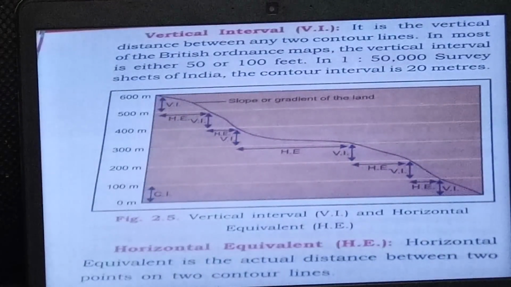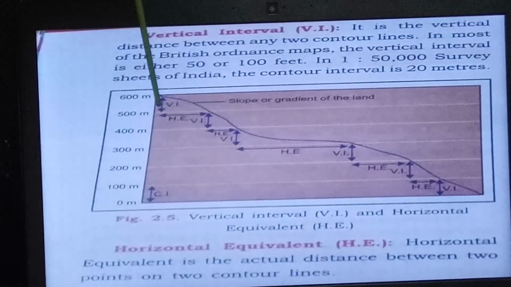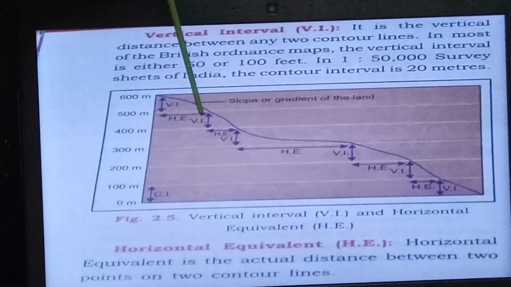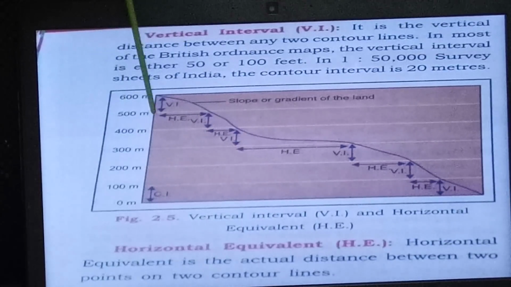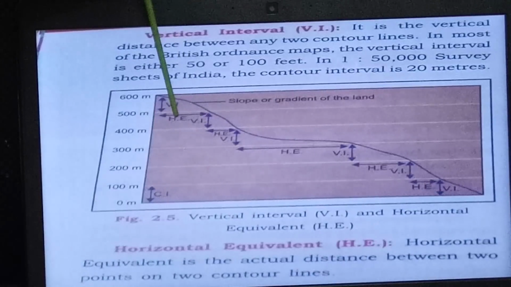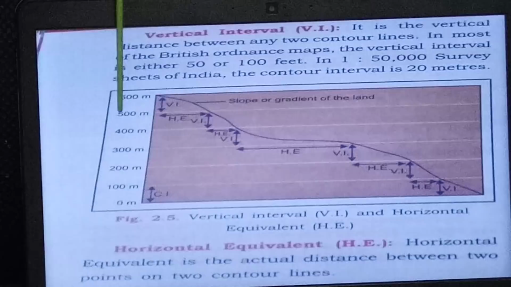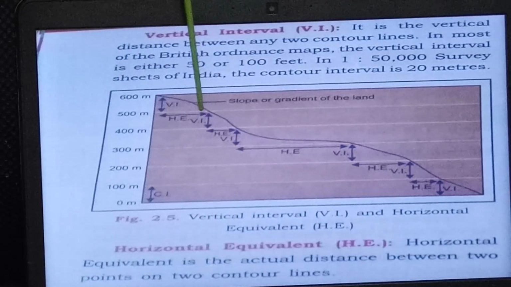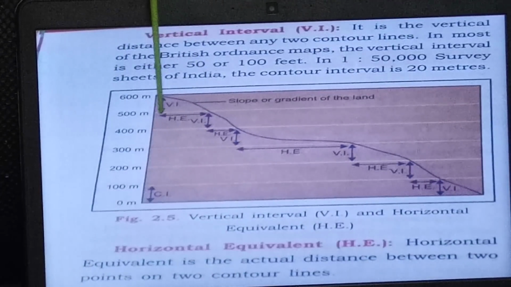Now the next one is horizontal equivalent. Here you can see that the distance between the turns of two adjacent contours has been marked as HE. When you come to the 500 meter line, the HE is not very small or very long.